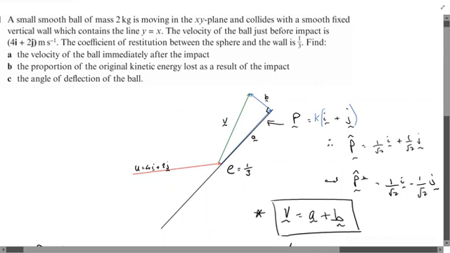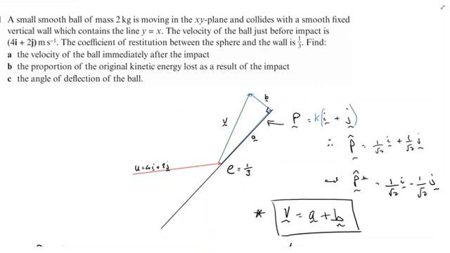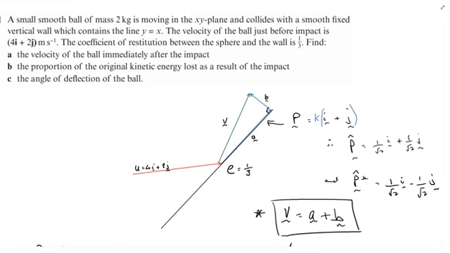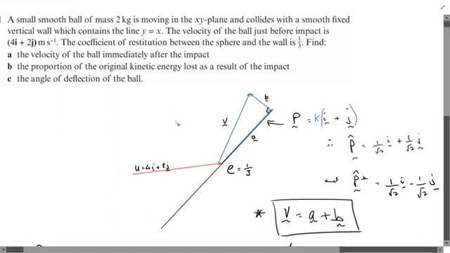Nonetheless, I want a unit vector in the direction of that wall, so that will simply be the magnitude, which is √2. Dividing by √2, I get the unit vector p: 1 over √2 i plus 1 over √2 j. And the other vector I'm going to need is the perpendicular, and I want a unit vector in that direction.